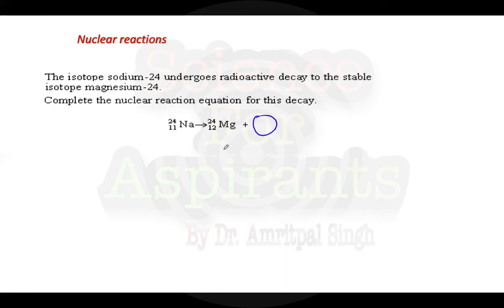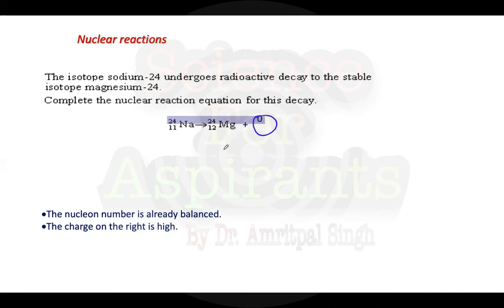So any other students? It is not positron, it is electron, because here it is 12, so it should be -1. So -1 is electron.